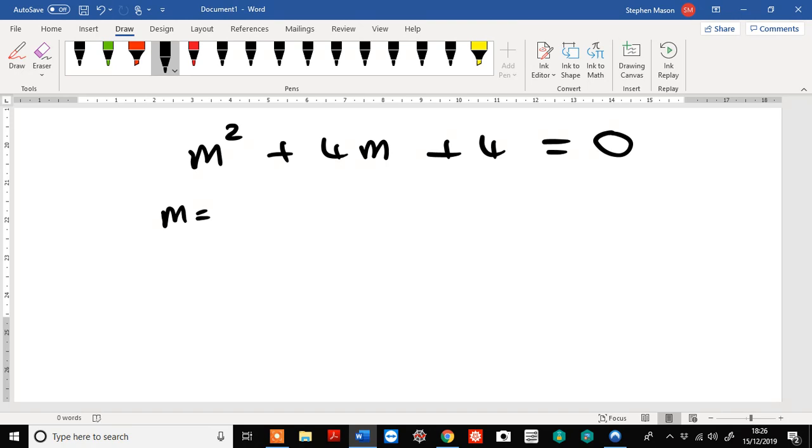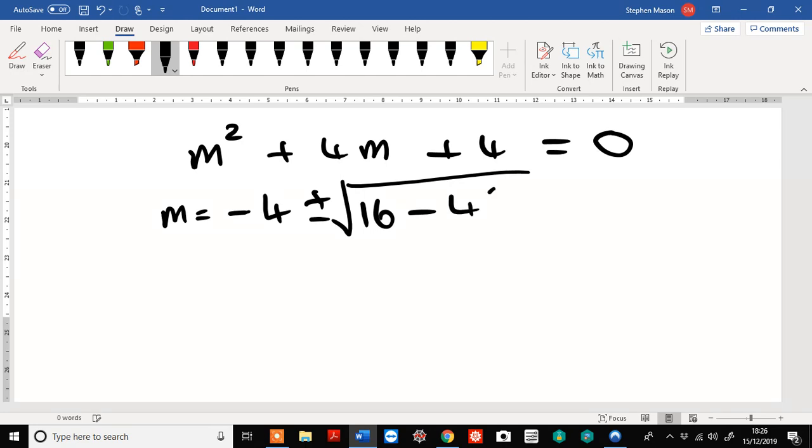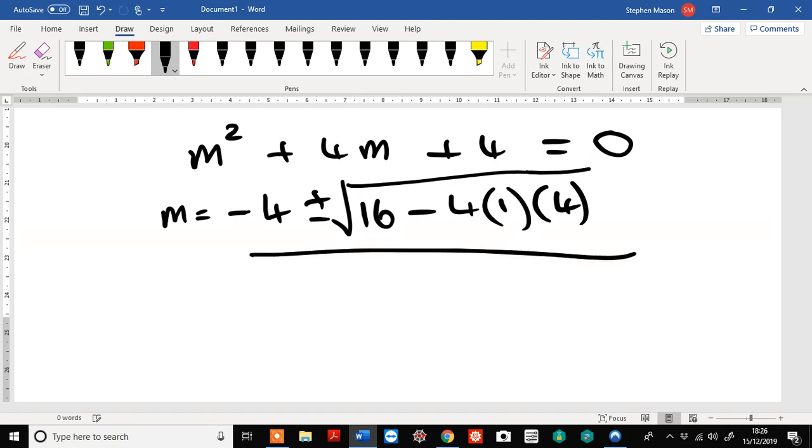Well, b is plus 4, so it's minus 4 plus or minus the square root of b squared, which is 4 squared, 16, minus 4 times 1 times 4, all over 2.